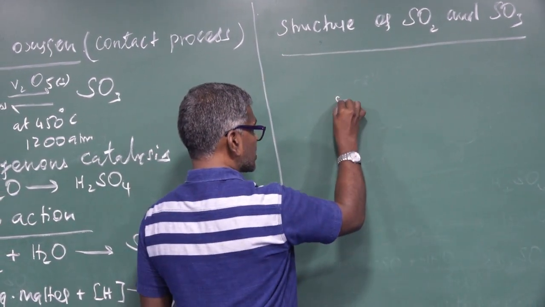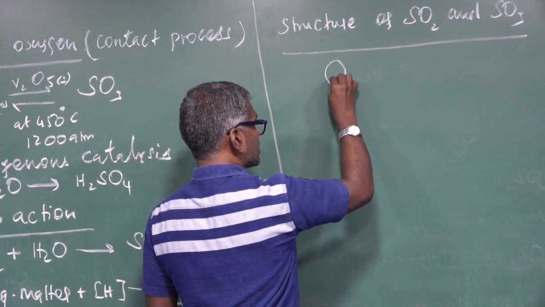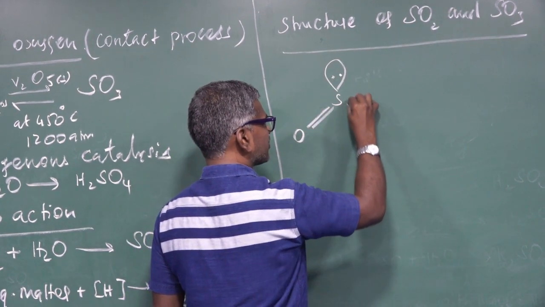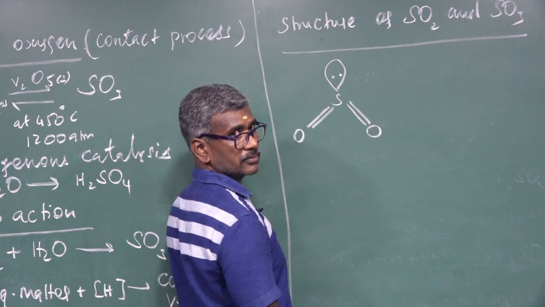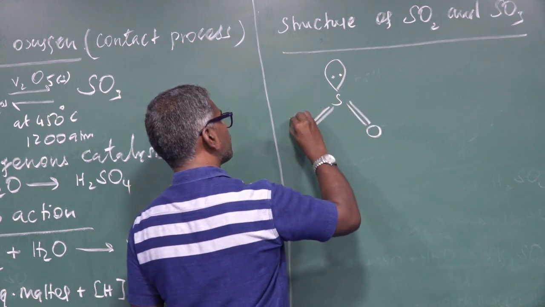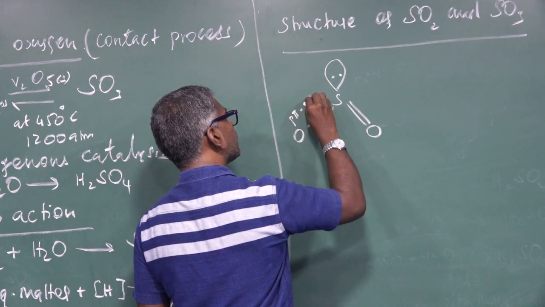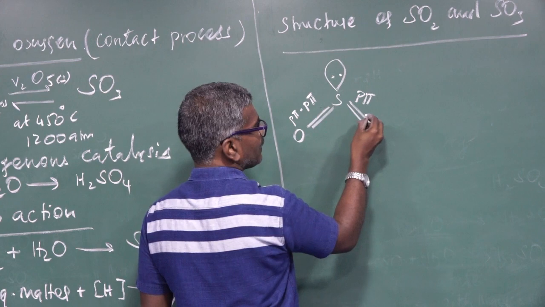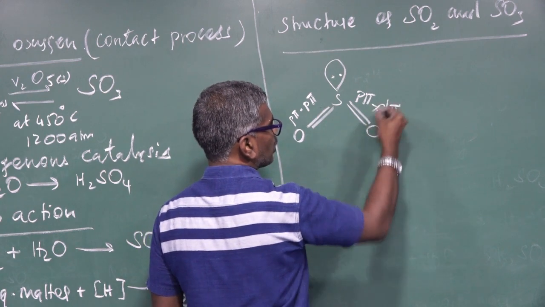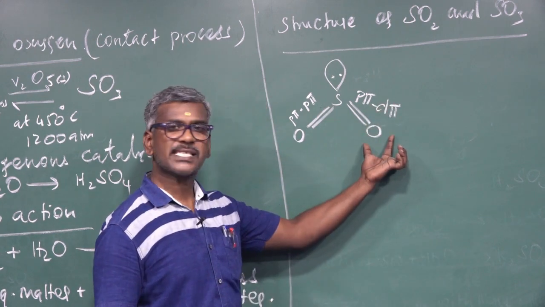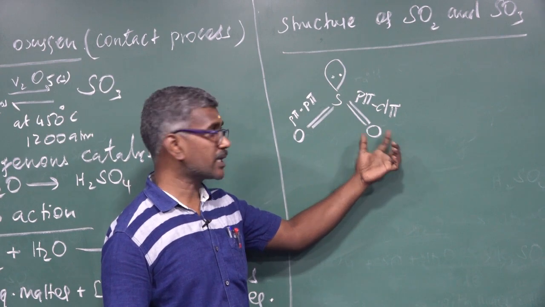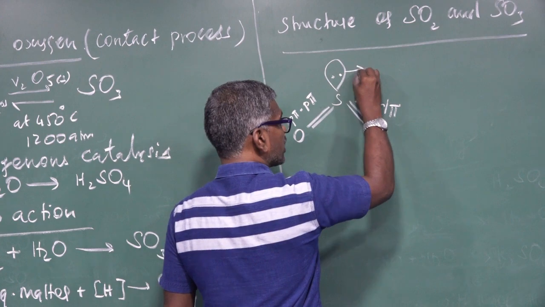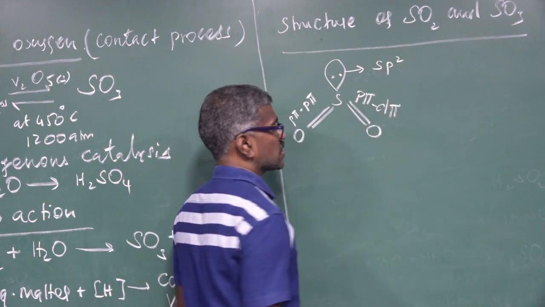Here, sulfur consists of a lone pair and 2 oxygens. This forms the p pi d pi multiple bond, because oxygen has no vacant d orbital, while sulfur has vacant d orbitals. This one exhibits sp2 hybridization.